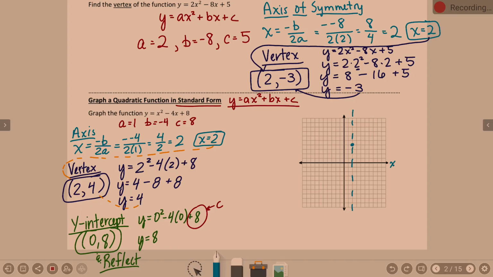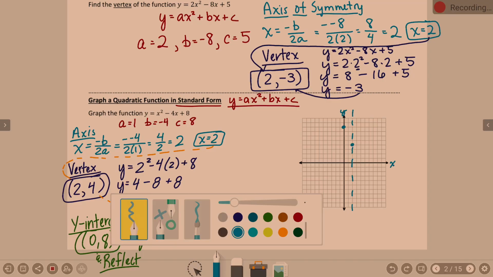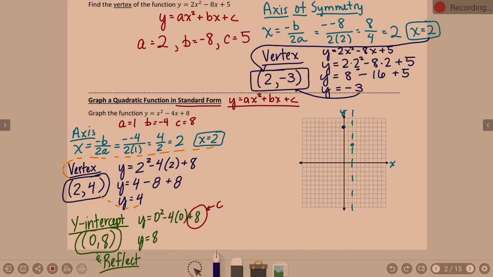Now, one option is, there's a y-intercept here, yes? Where is a y-intercept of 8? On the y-axis, you're going to go up 8. Okay, I'm going to go up 8 here. Now, think with me. If my vertex is here, I have a y-intercept at 8. Where is an equivalent point?